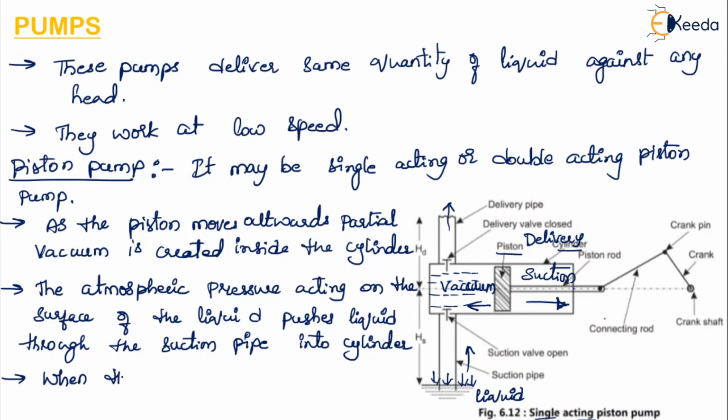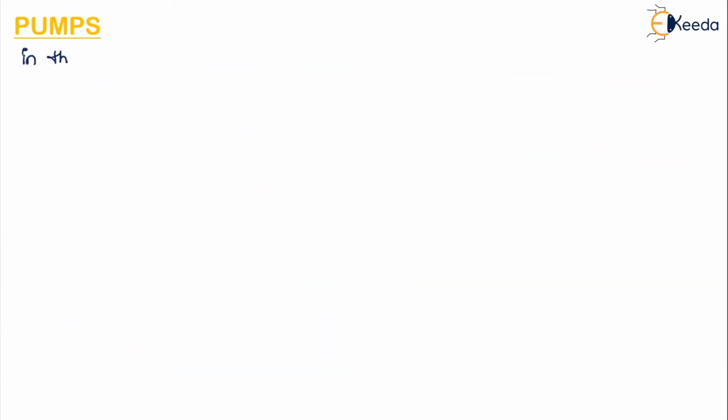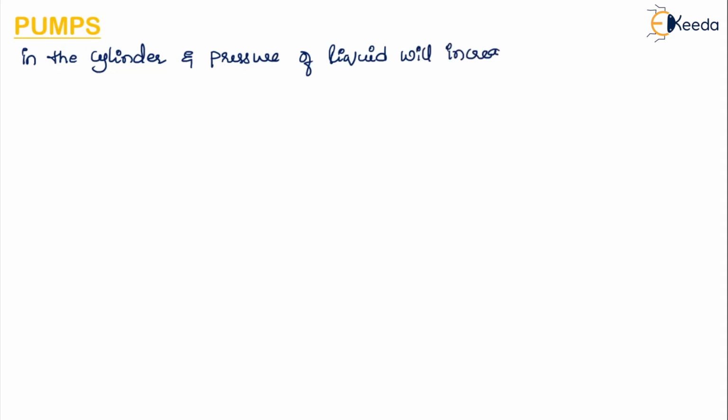So when the piston moves backward, the piston will compress the liquid in the cylinder and the pressure increases.